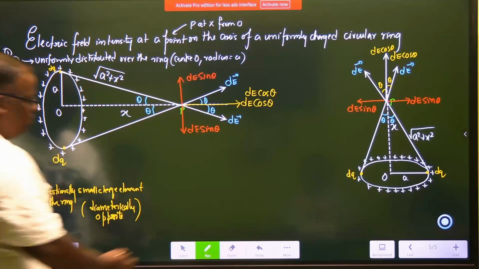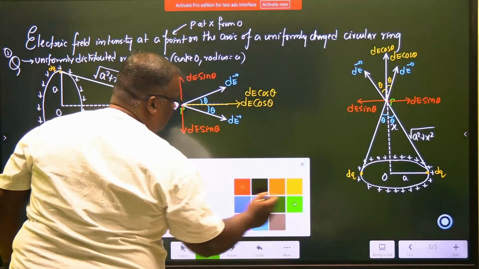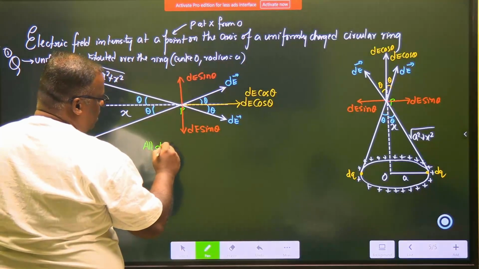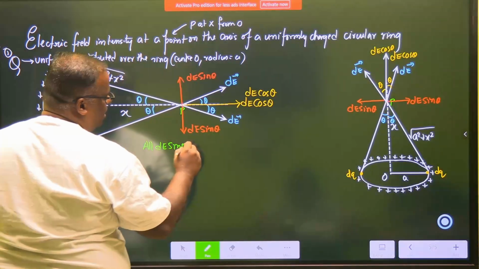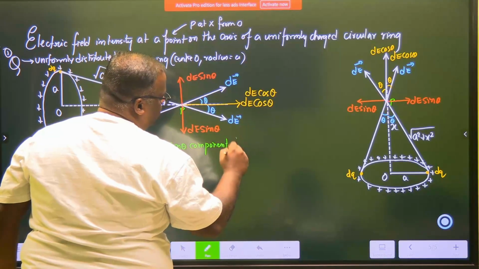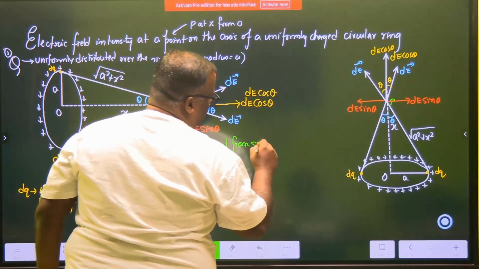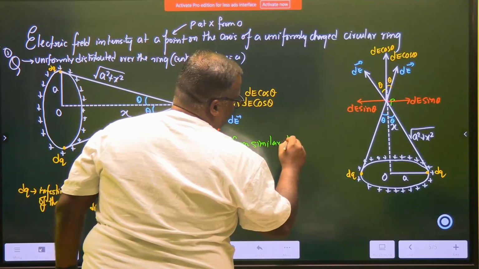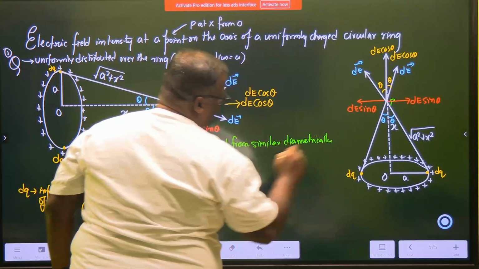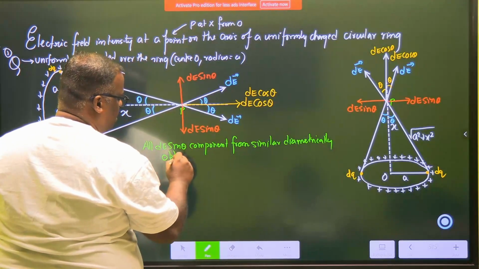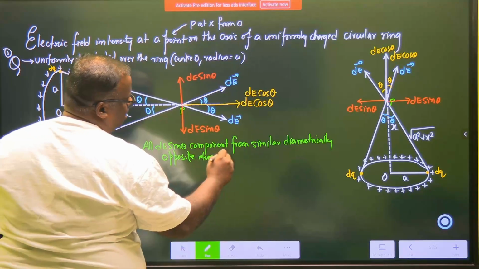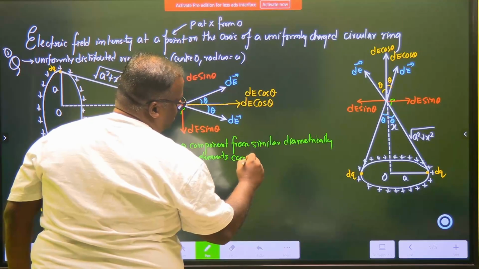That means we can write a statement here that all dE sine theta components from similar diametrically opposite elements cancel each other.